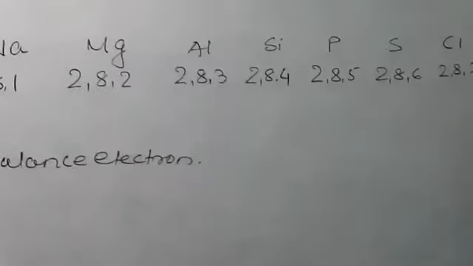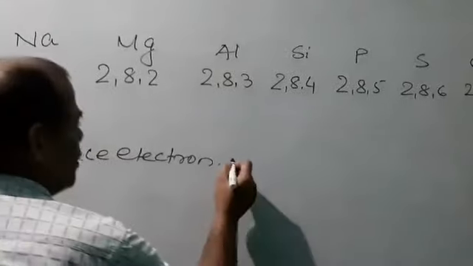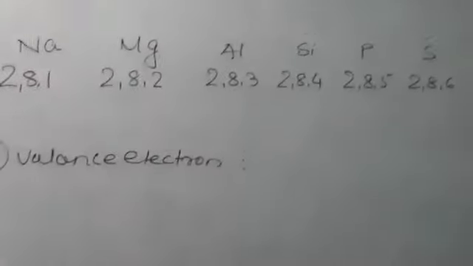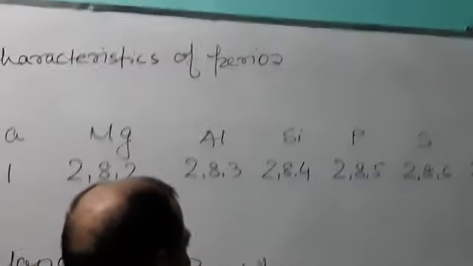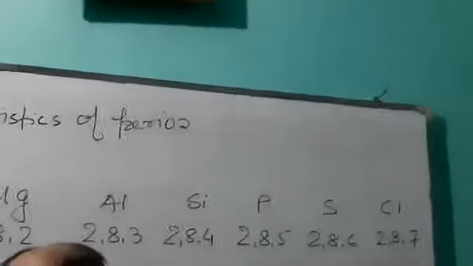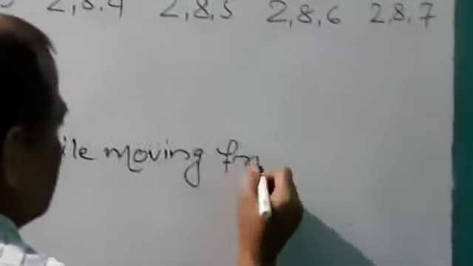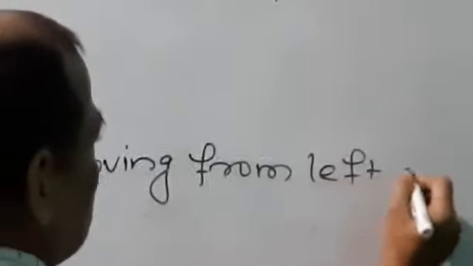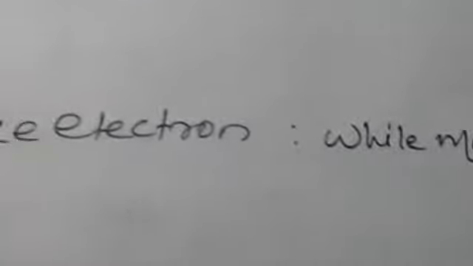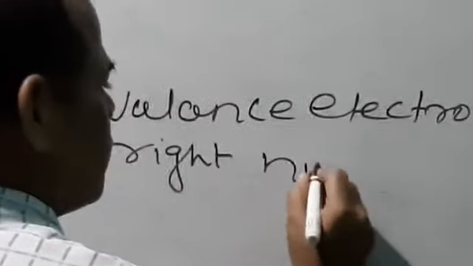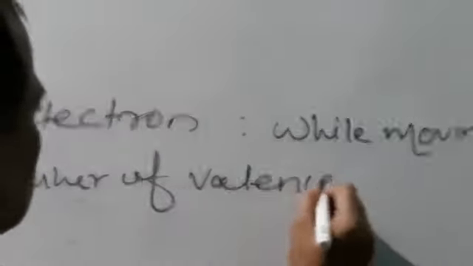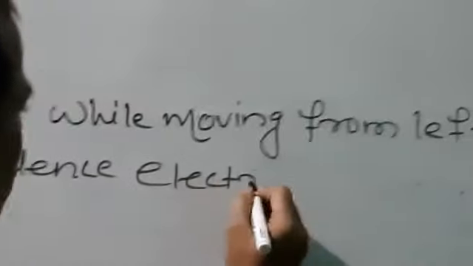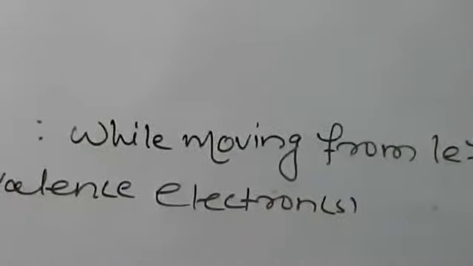So this is one of the characteristics of the valence electron, that while moving from left to right, the number of valence electrons increases.